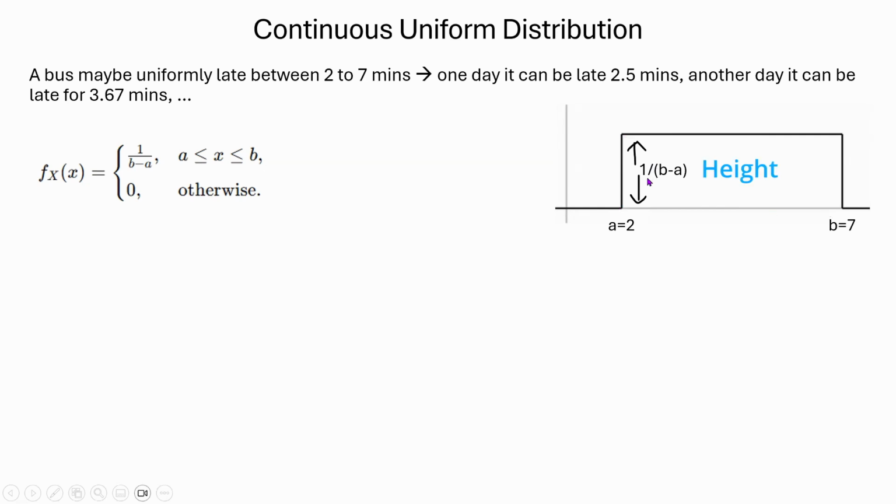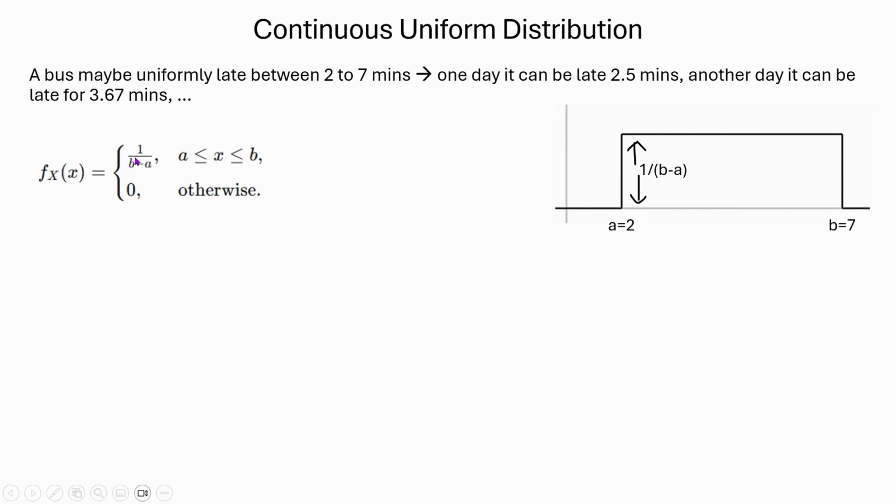The height here is 1 by b minus a, because as I said before, the area under the probability distribution function curve has to be equal to 1. So if we multiply 1 by b minus a by b minus a, the area will be 1. Okay. So this is how simple it is.